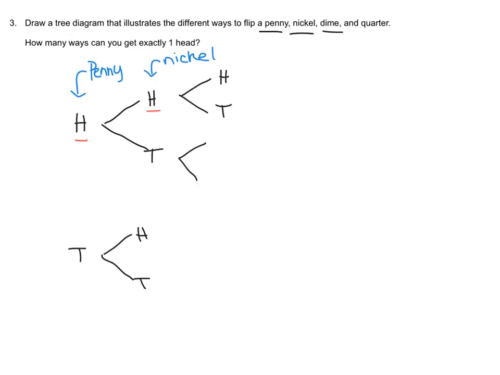So when I got a tails on my nickel, which is the second set of branches, I'm just going to branch out from there and add a heads or a tails to represent the outcomes of my dime. And the same with the next set. I'm going to just add a heads or a tail. And again, this represents me flipping the dime.